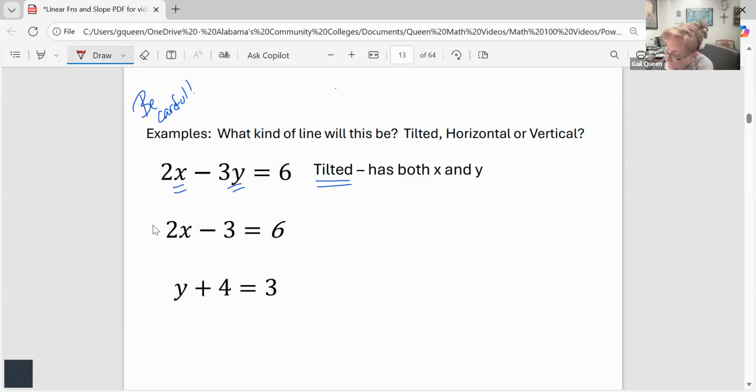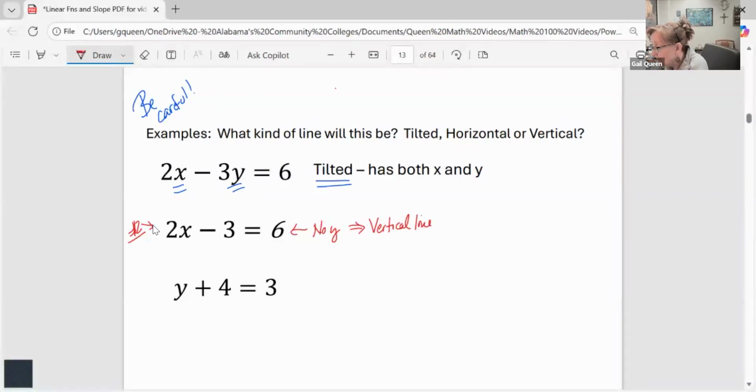Okay. All right. When I look at the second equation on this page, it looks very, very similar to the equation above. But if you notice in this equation here, there is no y variable. What does it mean when you have no y? When you have no y and all you have is x, that means you have a vertical line.